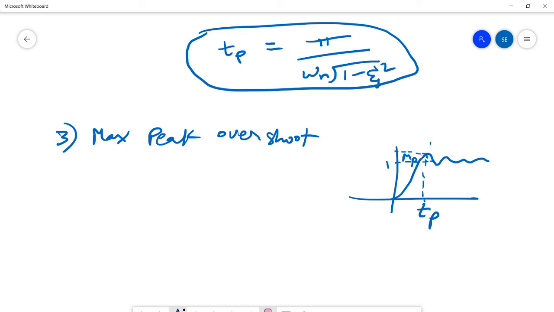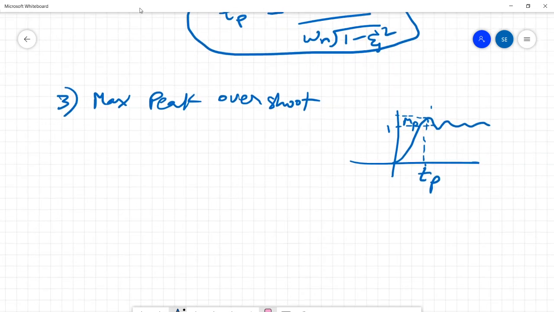At what time are we getting this maximum peak overshoot? At Tp, right? So there is a relationship between peak overshoot and peak time. Since we calculated peak time, we can make use of this peak time to calculate maximum peak overshoot. How to do that, we'll see now.